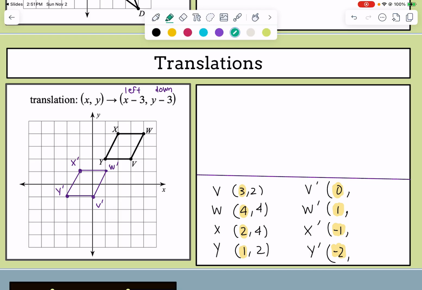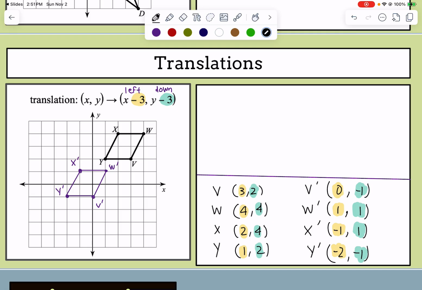Then, my -3 came from there, but I have another -3 that I'm going to do to these 4 numbers. So 2 minus 3 is -1. 4 minus 3 is 1. 4 minus 3 is 1. 2 minus 3 is -1.